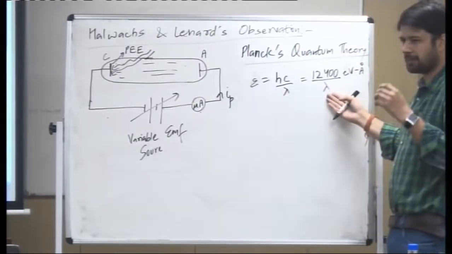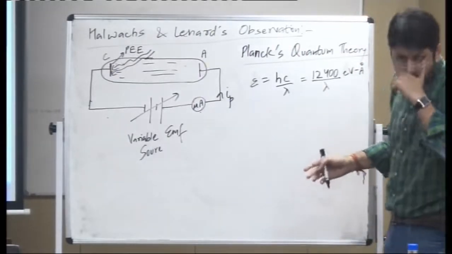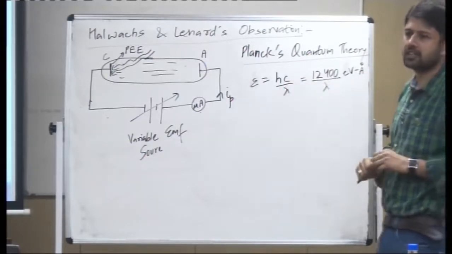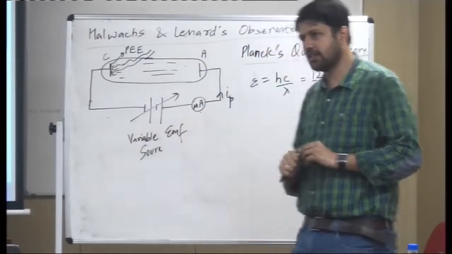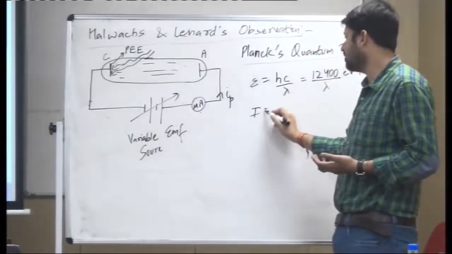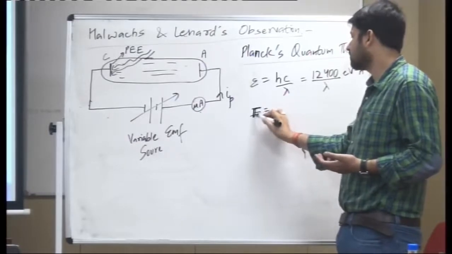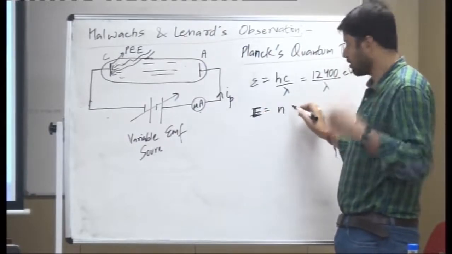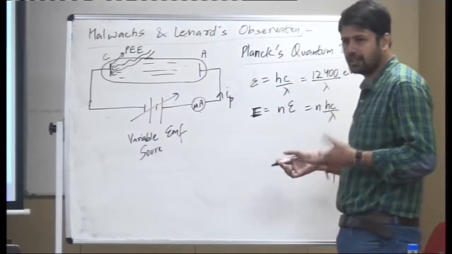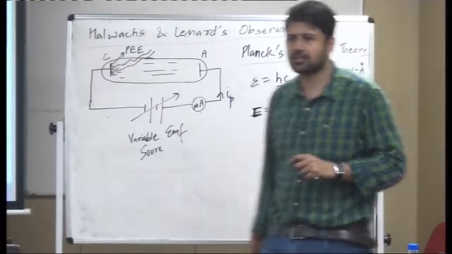If you place lambda in angstrom, you get energy in electron volt. This is the energy of one photon. And light, as you know, is made up of a lot of photons. We discussed this yesterday.